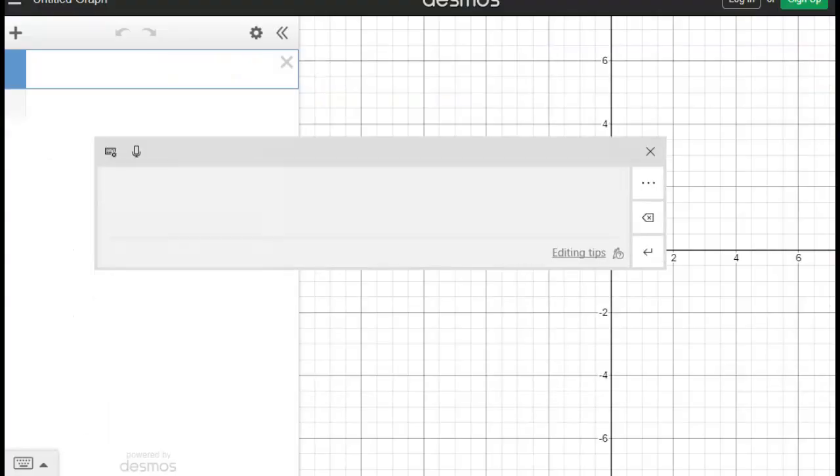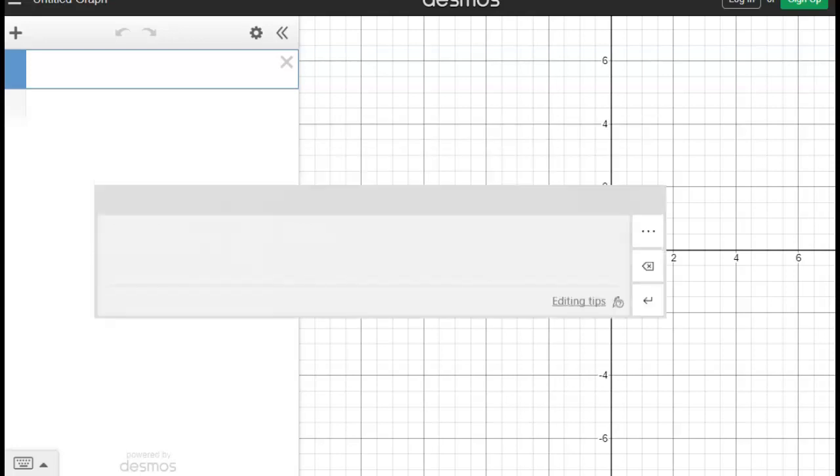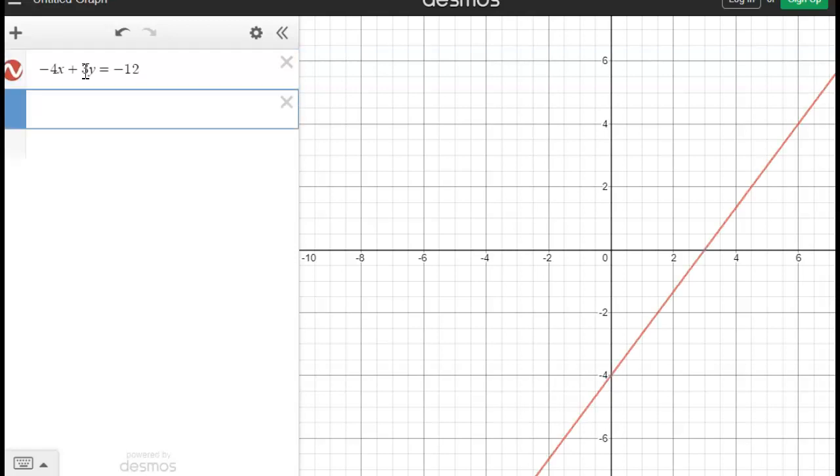So we come here, and we are going to enter in our equation, negative 4x plus 3y equals negative 12. Hit enter. There's one line.